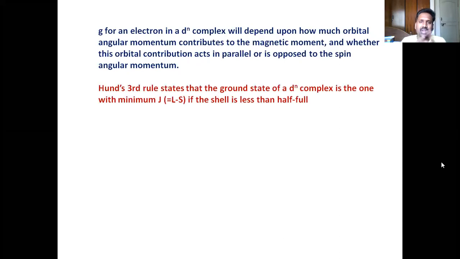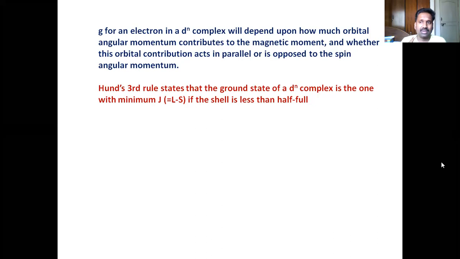Anyways, before that, now in a d^n complex, where n represents any number of electrons, d1 to d9, like we worked out one example for a d1 system, spectroscopic term symbol, in our previous class, like that you can work out spectroscopic term symbols for any given d^n system.